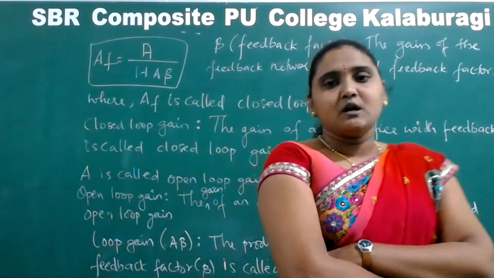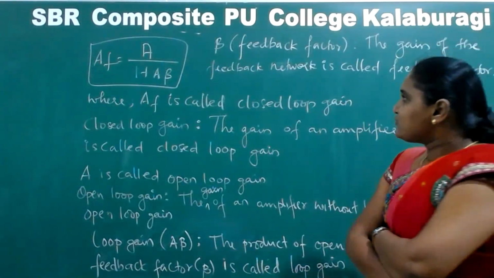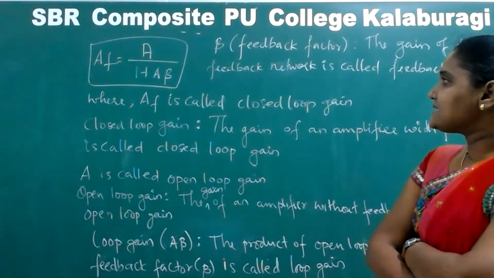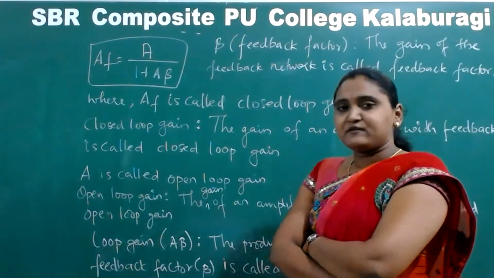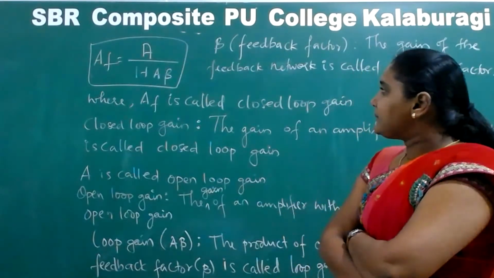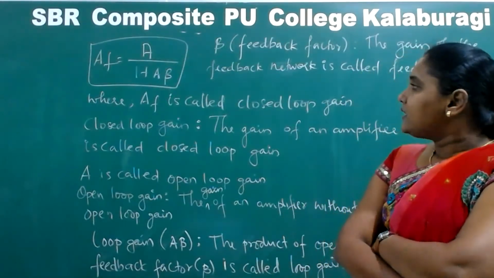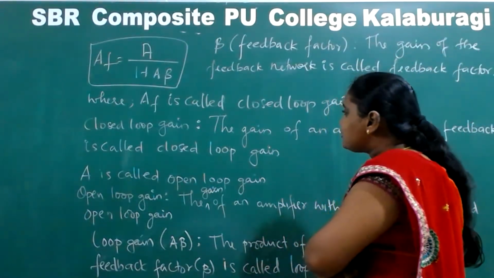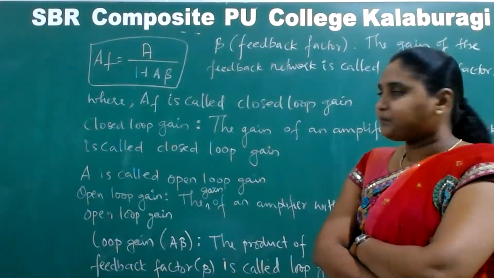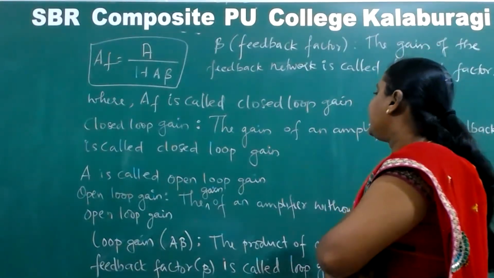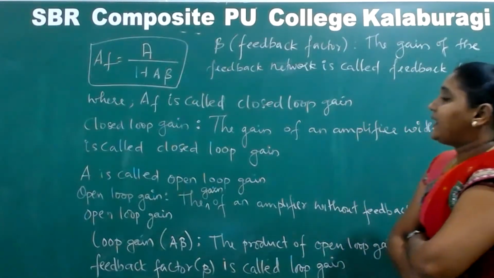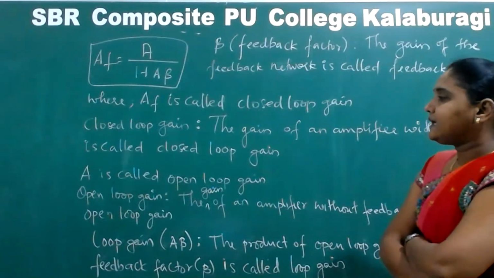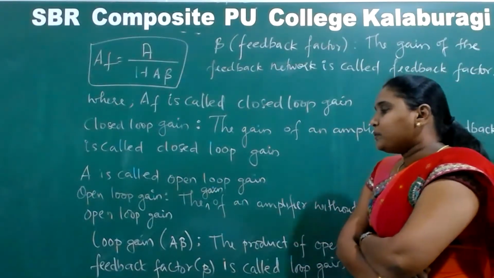as feedback factor. So we have derived the expression for gain, that is gain of a negative feedback amplifier, that is represented by AF, given as AF is equal to A by 1 plus A beta, right? Where we can see different factors, where we can see AF, that is called as closed loop gain because it is having feedback. Okay. So the gain of an amplifier with feedback is called closed loop gain. Okay. The next term we can see here is A, and it is called as open loop gain.